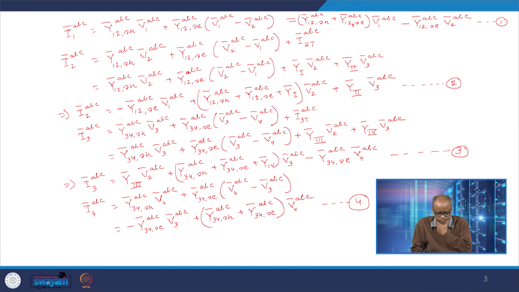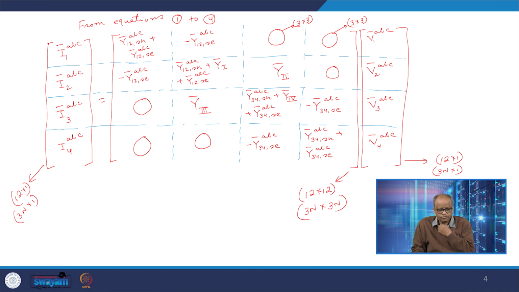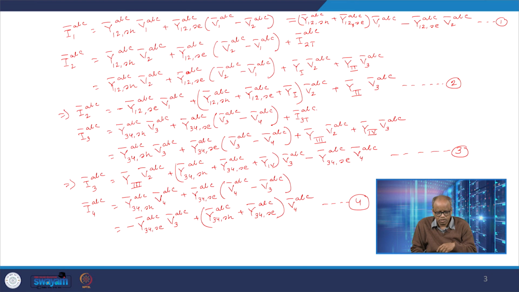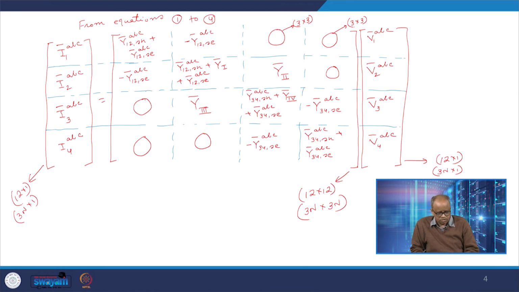So this is it. Again we can see that these elements are null matrices whenever there is no direct connection between any two buses. For example, between bus 1 and 3 and between bus 1 and 4 there is no direct connection, so these are 0. But between bus 2 and 3 it is not the negative of the admittance matrix.